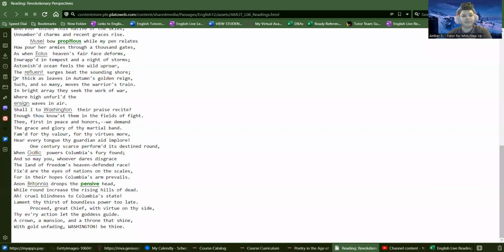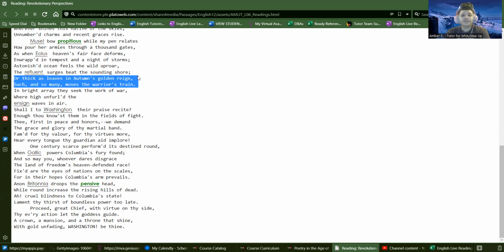And then it says here, or thick as leaves in autumn's golden rain, such and so many moves the warrior's train. So we're saying the army is thick as leaves in autumn's golden rain. So if you've ever gone outside and seen all of the golden leaves in the fall falling from trees, it seems like leaves are everywhere, especially if you're in a very tree heavy area.